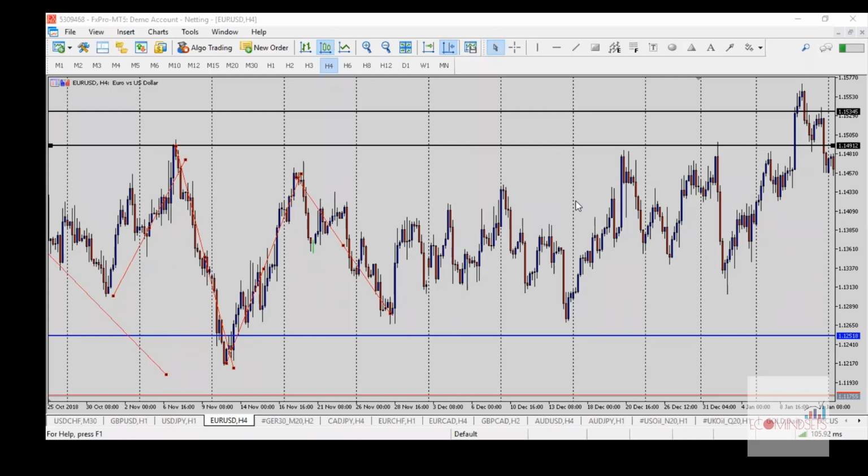Okay, so I just want to confirm, let's see from the first part of it, from where it started, that's the lower low.